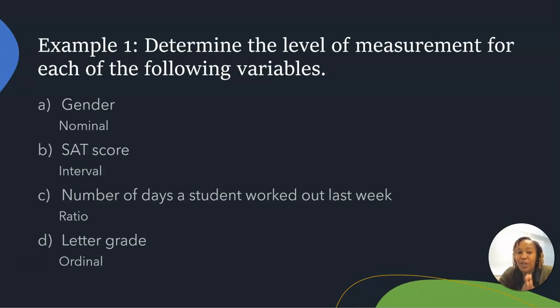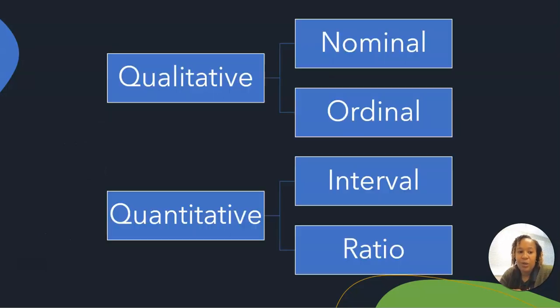These are your 4 different levels of measurement for variables. I'll go back to them really quick. Nominal, ordinal, interval, and ratio. Remember, the first 2 levels are qualitative data. The last 2 are quantitative data. On your homework, there will be some examples like the one we just did where you have to decide whether it is nominal, ordinal, interval, or ratio.